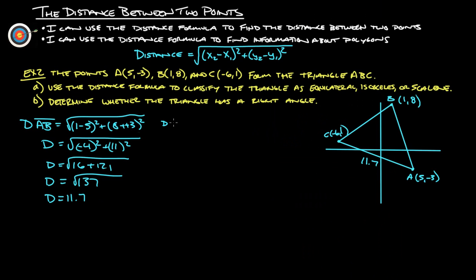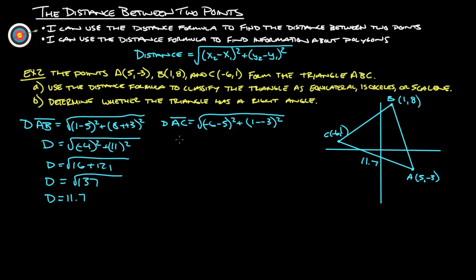Distance of, let's go with AC, is going to be, here's A and here's C. Oh, sorry, the x's are what we're supposed to start with. Negative 6 minus 5 squared plus 1 minus negative 3 squared.